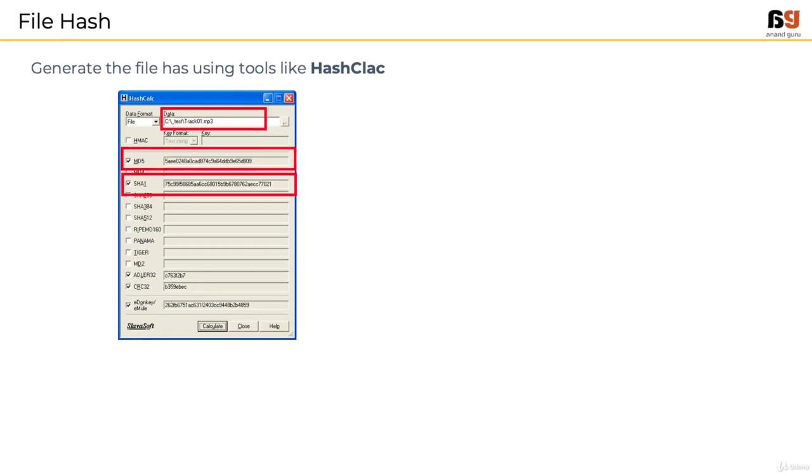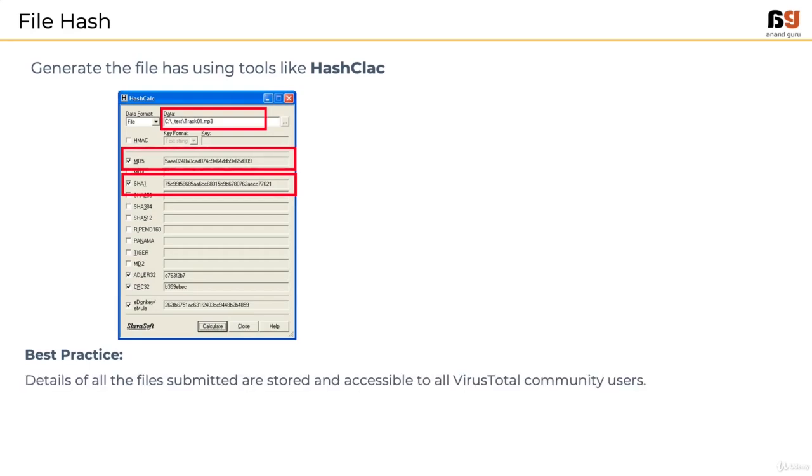It is important to follow the best practices to evaluate if using VirusTotal is right for the scenario. One has to realize that the details of all the submitted files are stored and accessible to all VirusTotal community users. So never submit the actual file, instead use the file hash.